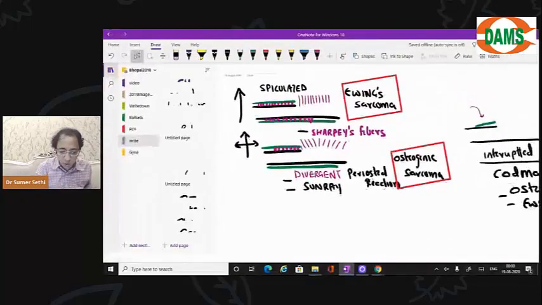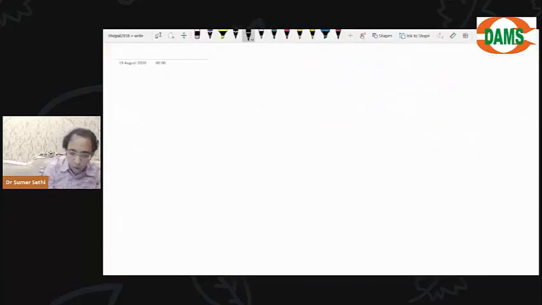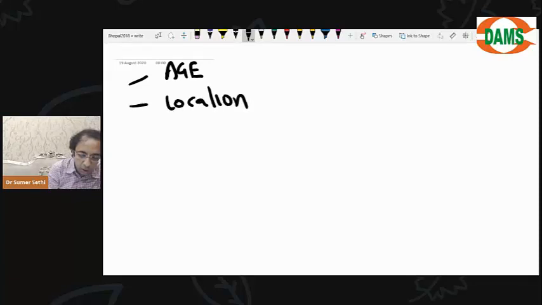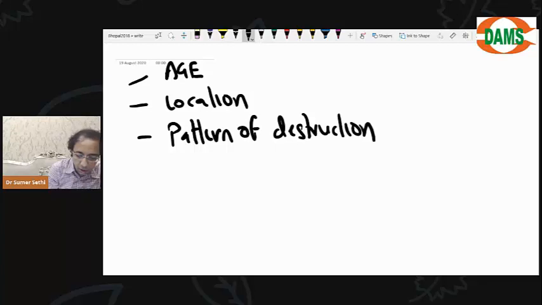Now, to summarize what we have seen so far, always look at the age of the X-ray by looking for growth plates. Look at the location of the tumor. Look at the pattern of destruction. Look for any matrix.